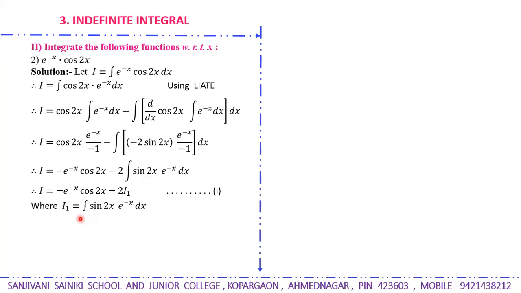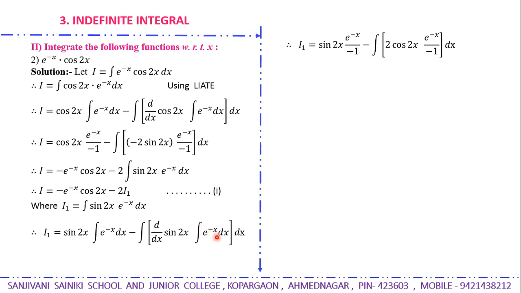Okay. Again, for this integral, we will use the by parts theorem. First function as it is, integration of the second function minus integration of derivative of the first function into integration of the second function. So I1 is equal to sine 2x into e raised to minus x upon minus 1 minus integration of 2 cos 2x into e raised to minus x upon minus 1 dx.